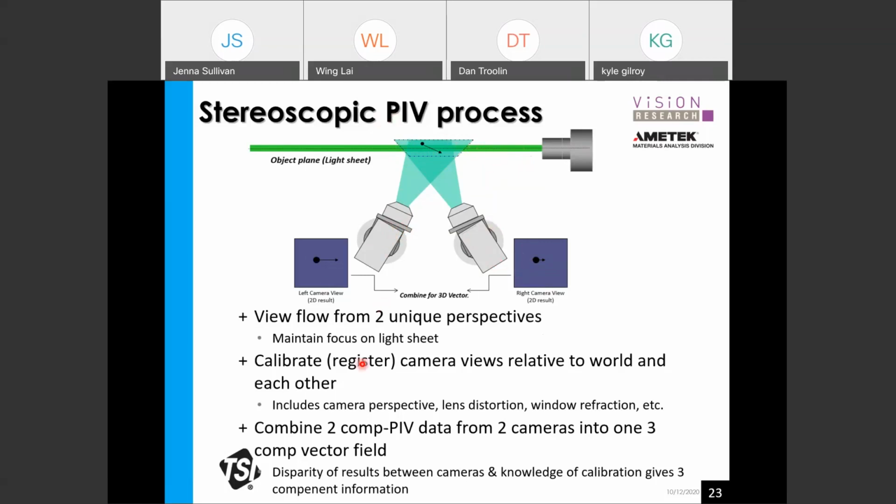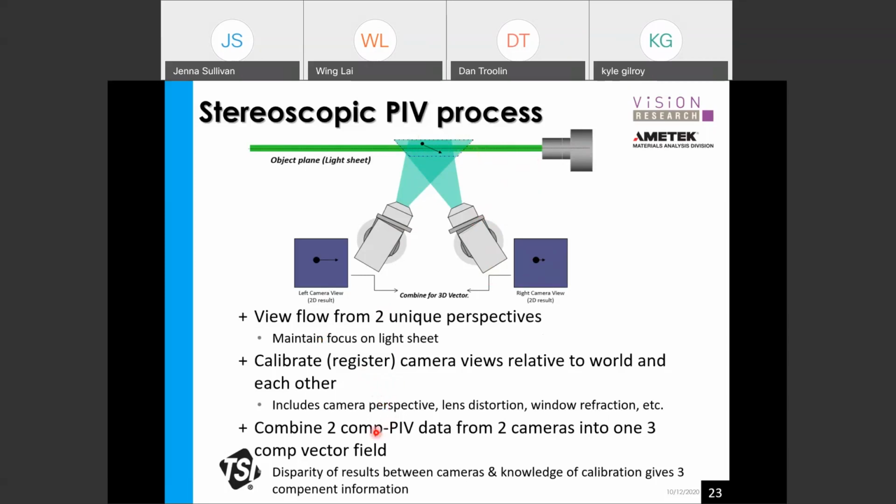So again, essentially, we are using 2 cameras to view the 2 perspectives of the flow field. And the result is to look at the particle movement, not only in the plane, but also in and out of the plane. One requirement for that is that we need to have some kind of calibration in order to register these 2 cameras with respect to the laser light sheet.